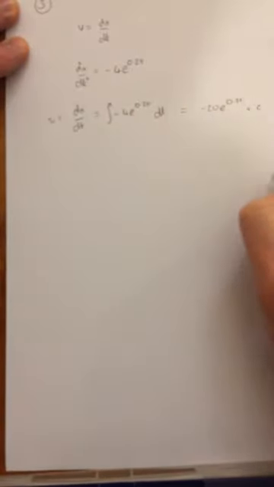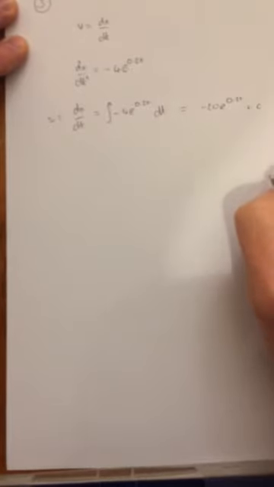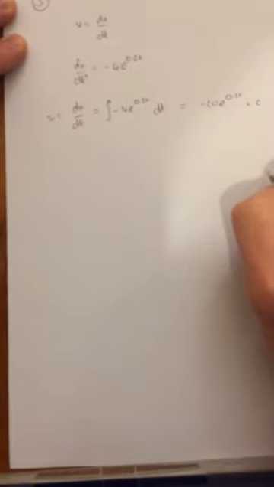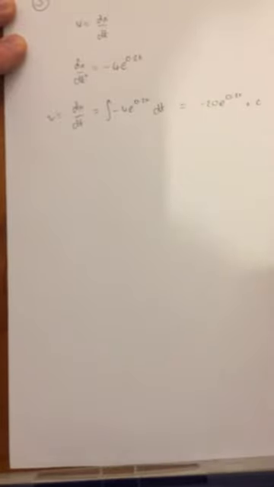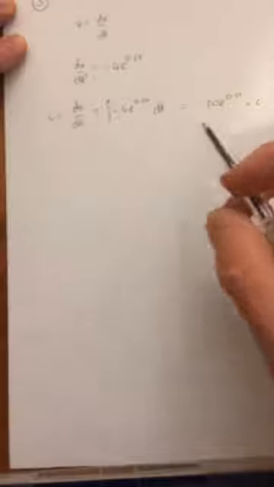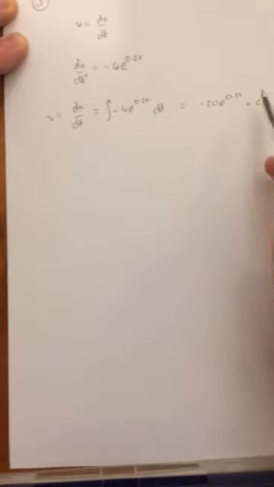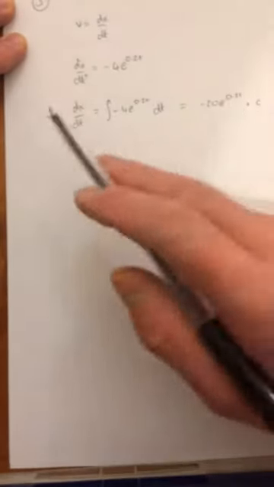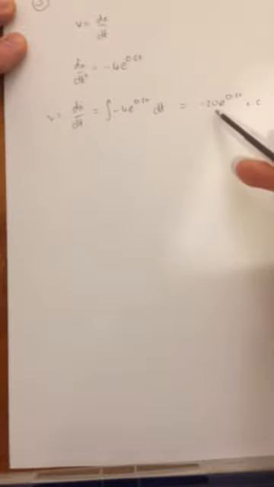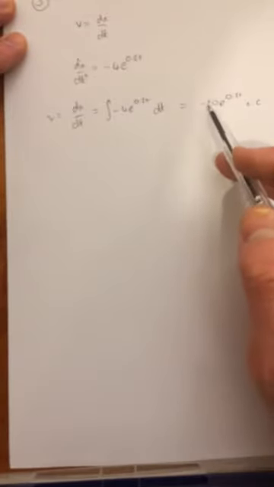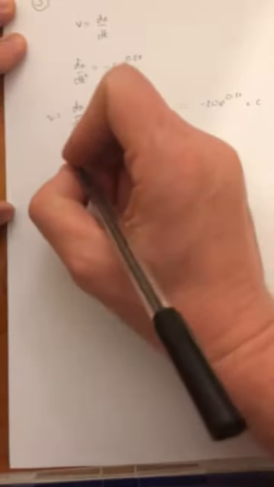I need to use the fact that when t is 0, the velocity is 20, in the direction of x increasing, and this is important. I'm not just saying that when t is 0, v is minus 20, that won't do. It's actually 20. So let's put that in.